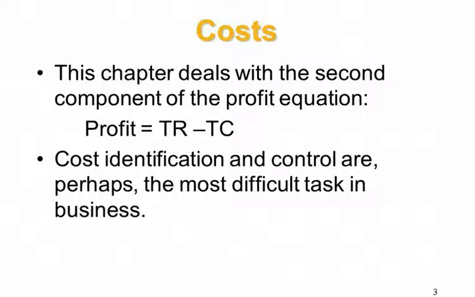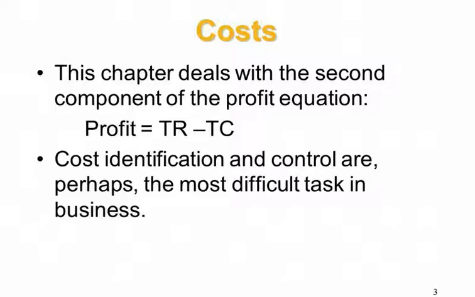Now, cost identification and cost control are two of the most important, most difficult parts of business because sometimes it's very difficult to identify the costs, much less control them. And we're going to see how important it is to control costs from a profit perspective because costs increase. They do not increase at a constant rate.